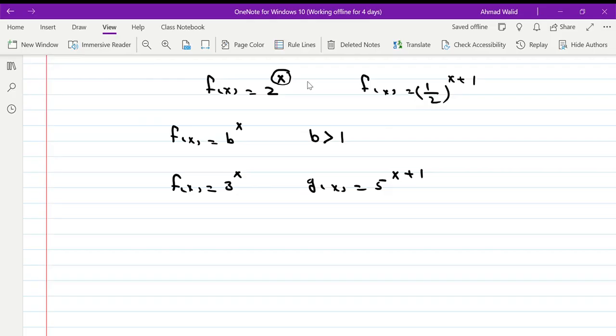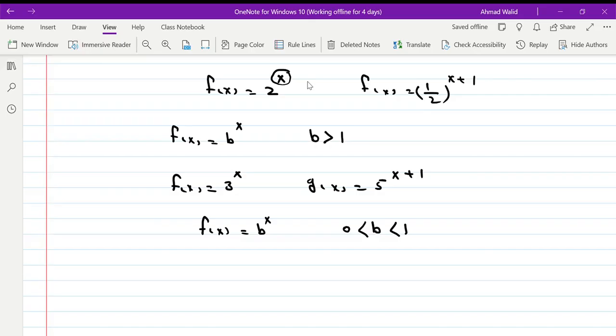The second type of the exponential functions, still we write the same notation, f of x equals b to the power of x, but here your b is greater than 0, but less than what? Less than 1. It means all fractions between 0 and 1. If your base is one of those fractions, we call it a decreasing function, or the actual name is exponential decay.